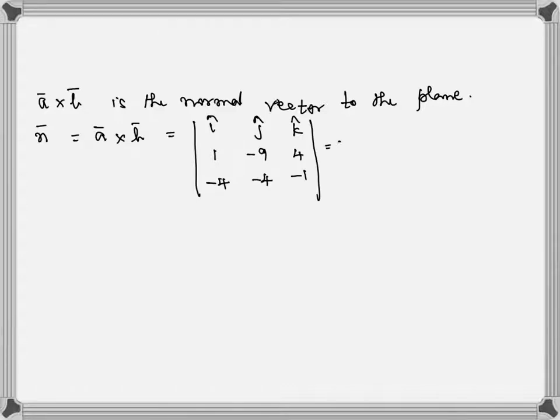If we expand the determinant using the first row, i goes with positive, j goes with negative, and k goes with positive. Just like one of the problems that we did before, this gives i times (9 plus 16), minus j times (-1 plus 16), plus k times, hiding the column and the row to which k belongs, (-4 minus 36).